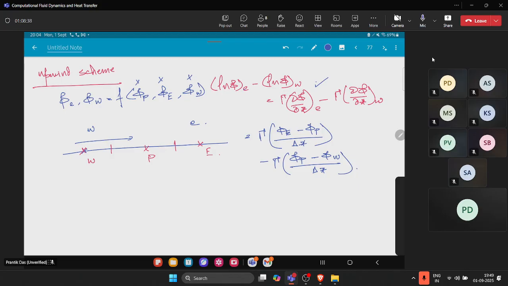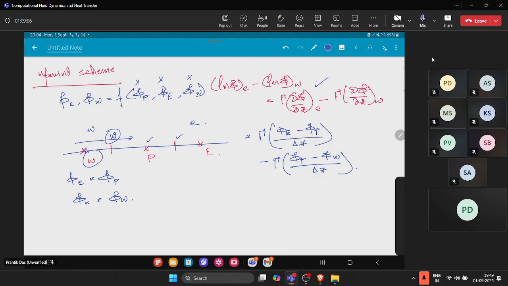And then what we have to do is, if the flow is happening from west to east, then phi small e should be equal to phi capital P, and phi small w should be equal to phi capital W. So small e and capital P should be the same, and capital W and small w should be the same.